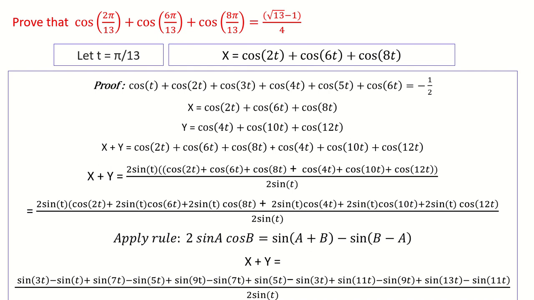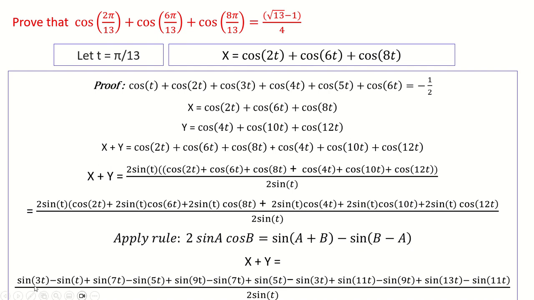Now taking 2 sin t inside, it will become 2 sin t cos 2t plus 2 sin t cos 6t plus 2 sin t cos 8t and up to 2 sin t cos 12t, divided by 2 sin t. Now we will apply this rule, 2 sin a cos b equal to sin(a plus b) minus sin(b minus a).